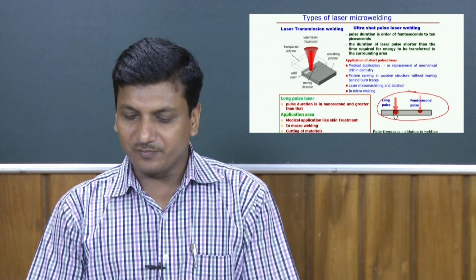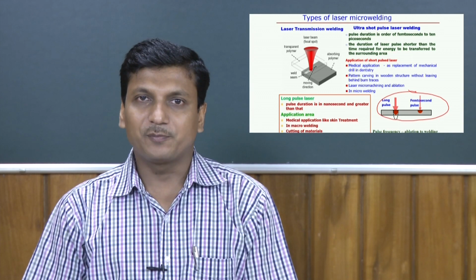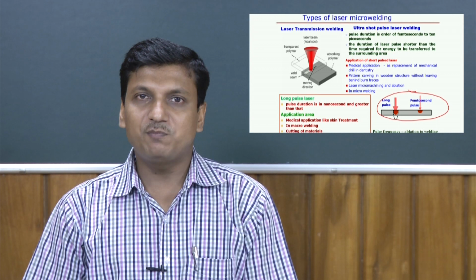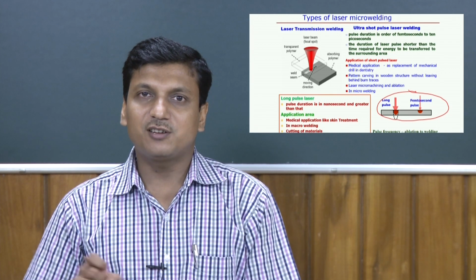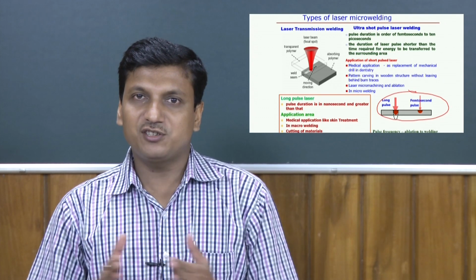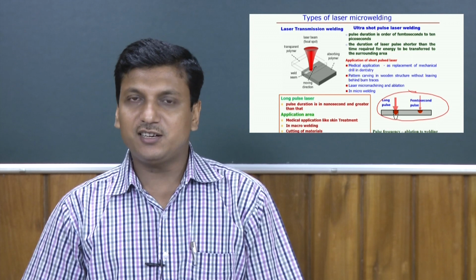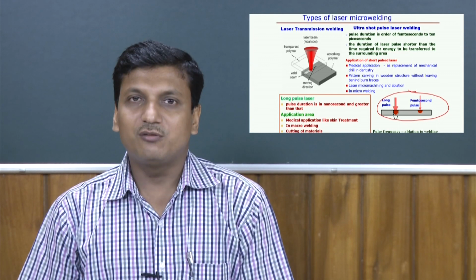Of course, in these two cases the average power may be the same, but the peak power may change, and the frequency of application of the laser pulses is very high. So this situation is more suitable for welding purposes.